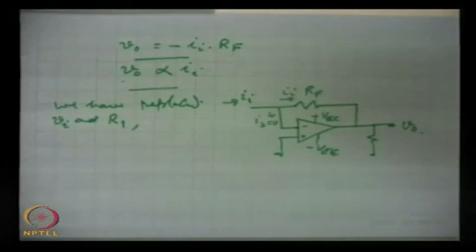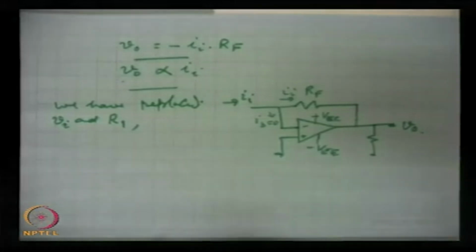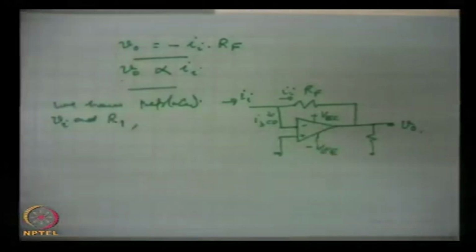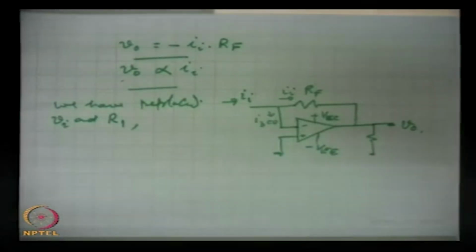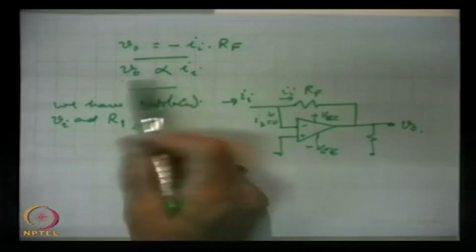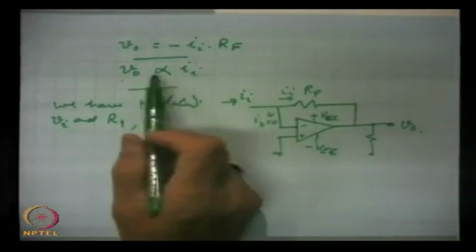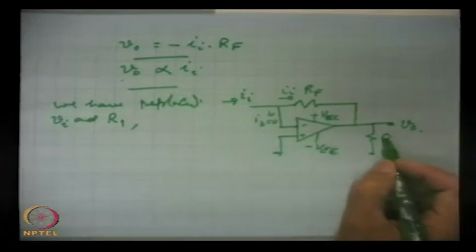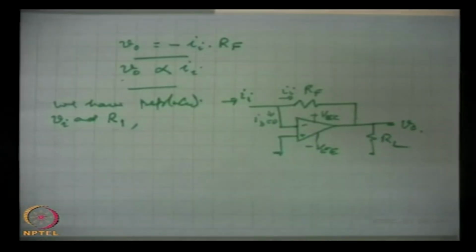And here, since the output resistance of the inverting amplifier is very low, this voltage developed because of this current variation will be independent of the load resistance, because again the same thing, low and high impedances in parallel, the lower one dominates.